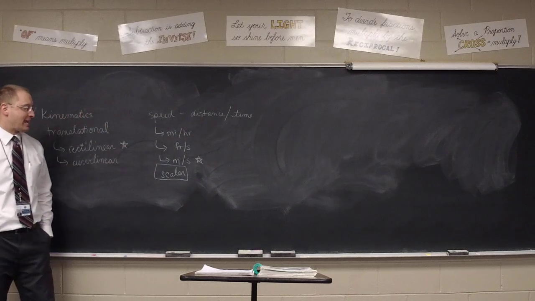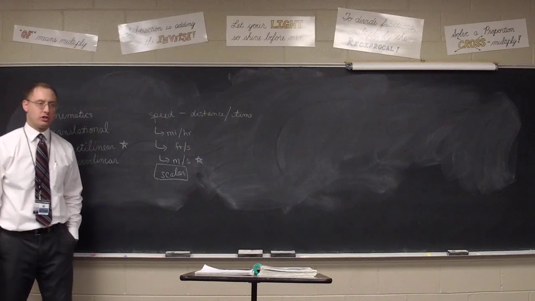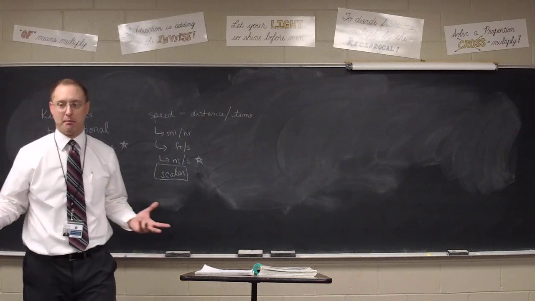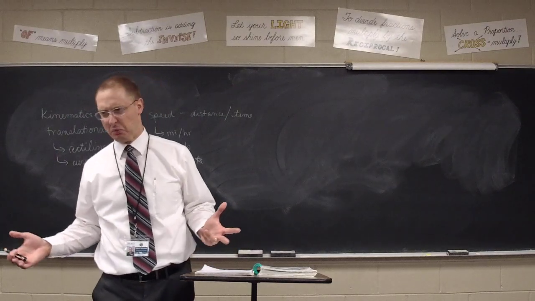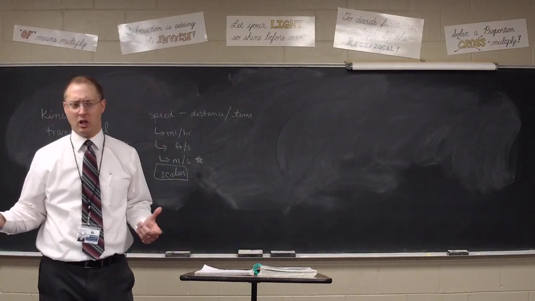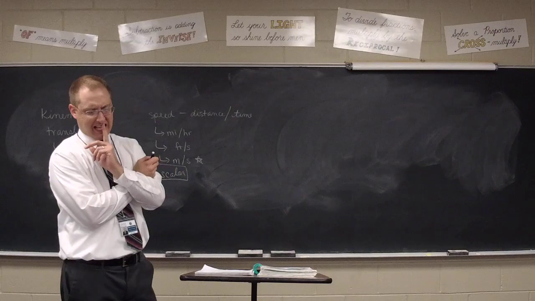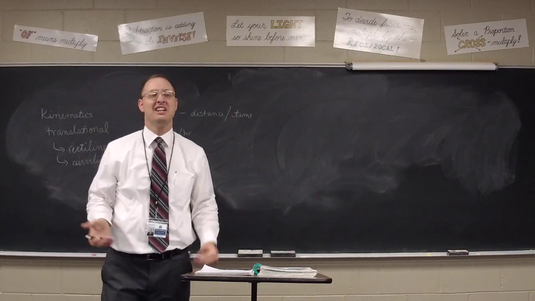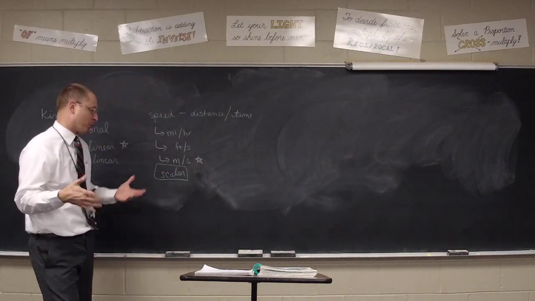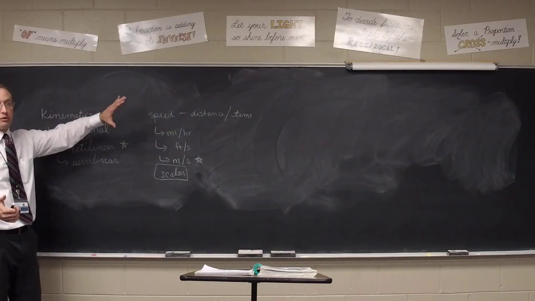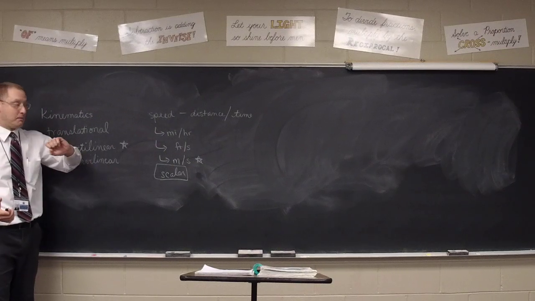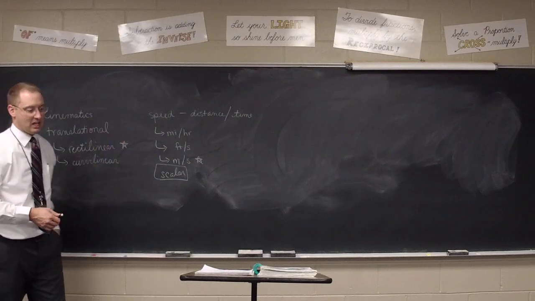For instance, time. Does time have a direction? Not really. It's just hours. There aren't this many hours going east. Time doesn't really have a direction to it. Time is a scalar quantity. Speed, likewise, is a scalar. It doesn't really account for direction. Direction really doesn't matter as far as finding speed.